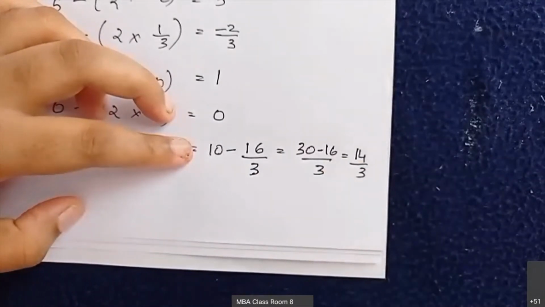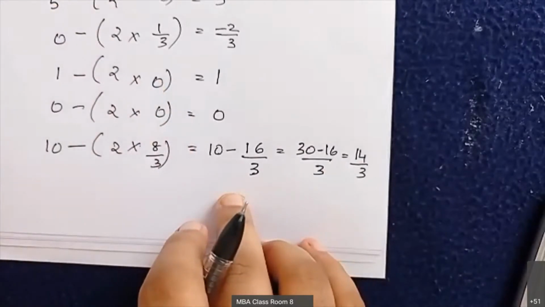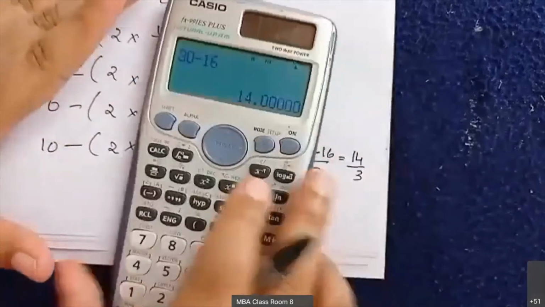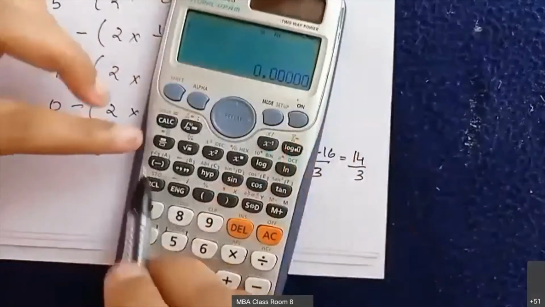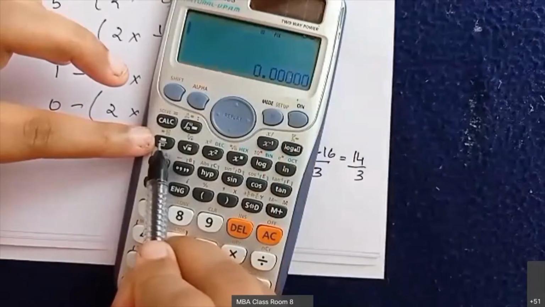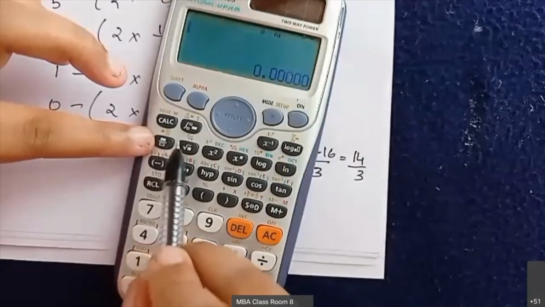There is an easy method for solving fractions using your calculator. Just take your calculator. Can you see one thing over here? One block divided by another small block here. Using this we can solve fractions.